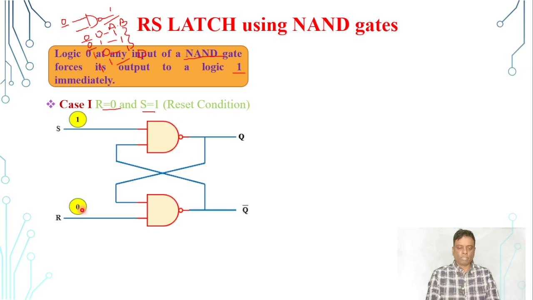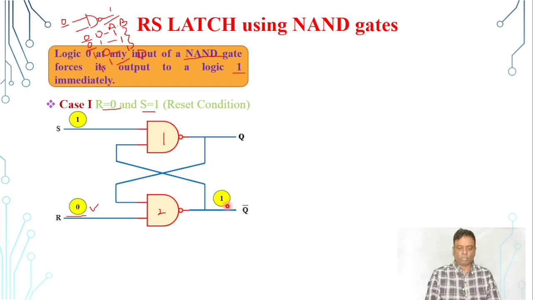If any input of this NAND gate is 0, it forces the output to be logic 1. Suppose this is our NAND gate number 1 and this is NAND gate number 2. NAND gate number 2 has the input as 0, so it forces the output to be 1.